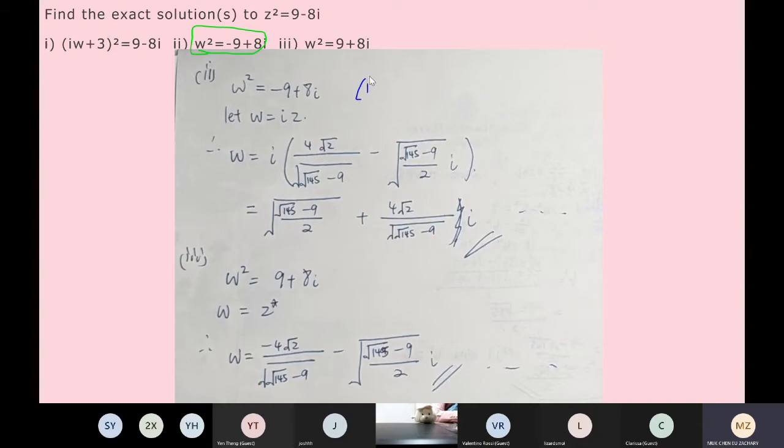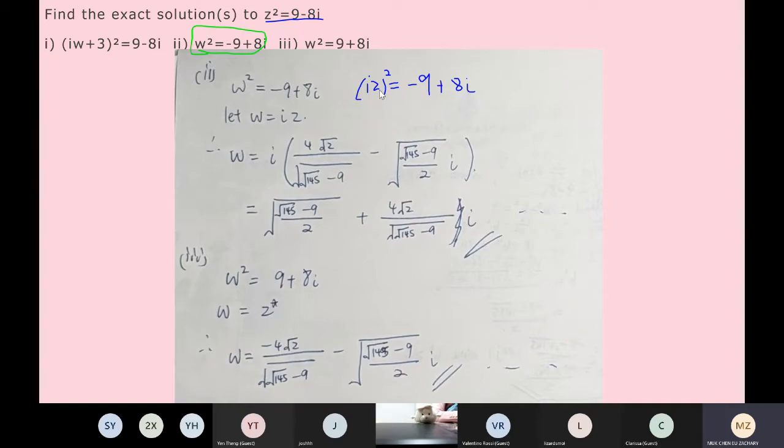What you actually get is bracket iz squared equals -9 plus 8i. When I see these kinds of questions where you have to substitute z with something, what I like to do is, as far as possible, find out how you get back to the original equation, which was this.